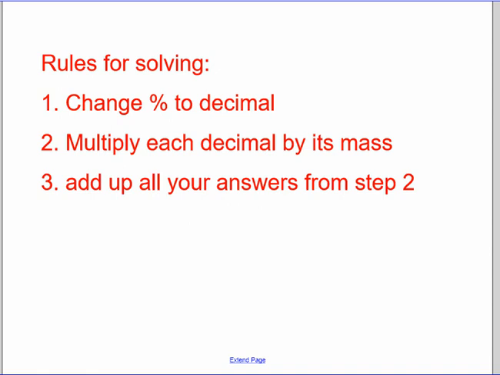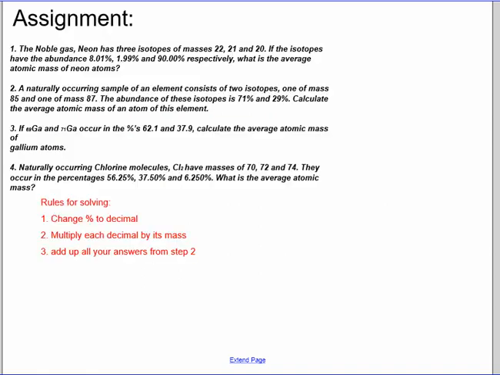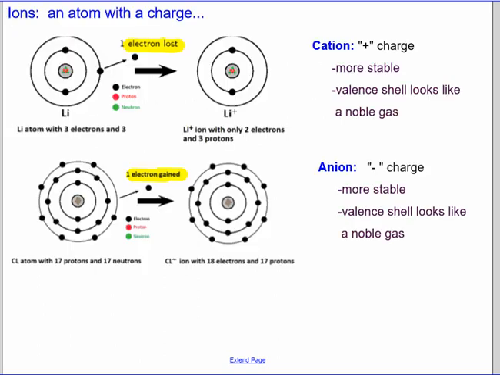Then multiply each decimal that you got by the corresponding atomic mass, and then add up all of the answers from step 2 to get the average atomic mass. Try these 4 questions, comparing the answers that you get to the values on your periodic table, to practice solving for the average atomic mass of all the various isotopes.